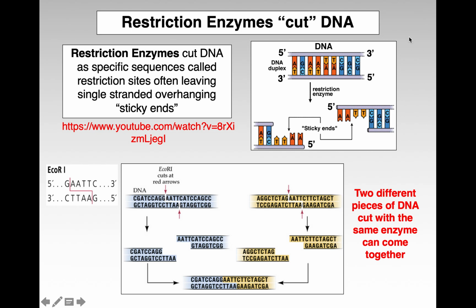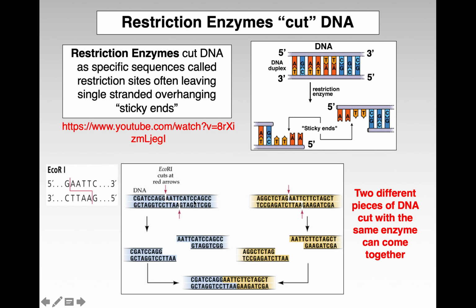So if you look here at the 5' to 3', remember DNA is always anti-parallel, 5' to 3', 3' to 5'. Here, whatever the overhang is on, this is considered a 5' overhang. Here's a very common restriction enzyme called EcoR1, and remember, restriction enzymes always cut in this zigzag pattern.